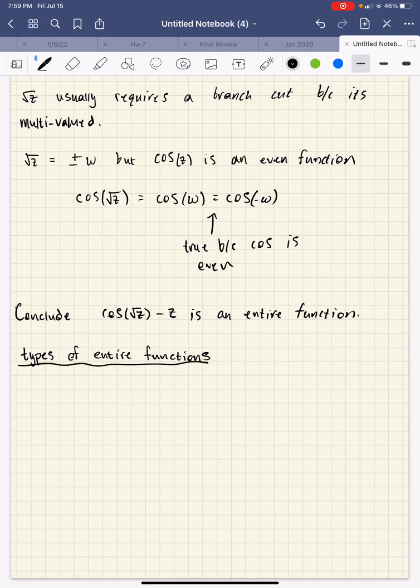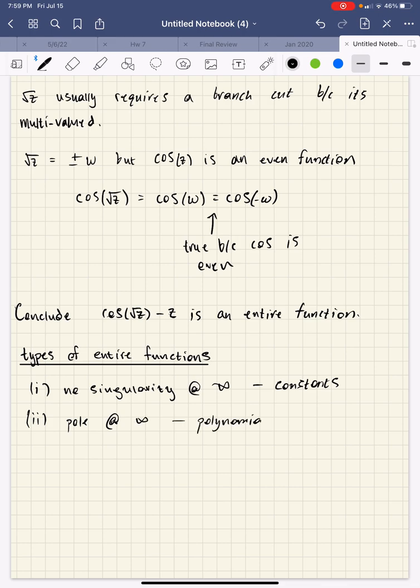We've got three types. Either no singularity at infinity, these are our constants. We could have a pole at infinity, these are our polynomials. Or finally, we could have an essential singularity at infinity. These are generally referred to as the transcendental entire functions.